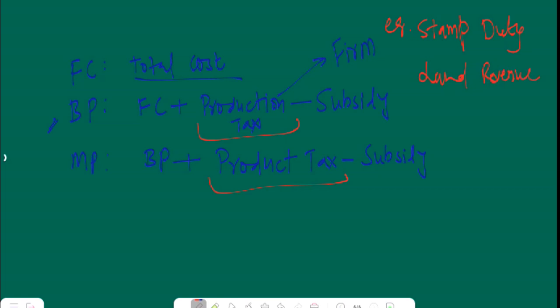Product tax, on the other hand, is imposed on each product in the market. It is like GST.